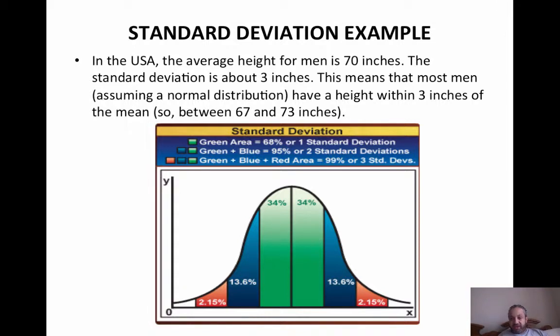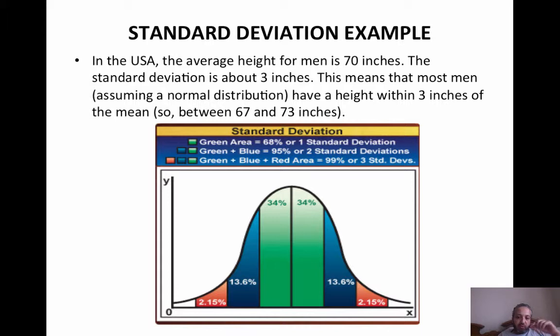So there's two lines there. In between, that represents 34% of the scores, in this case the height of men, but that little box is one standard deviation. So each one of those little boxes on this curve is a standard deviation.